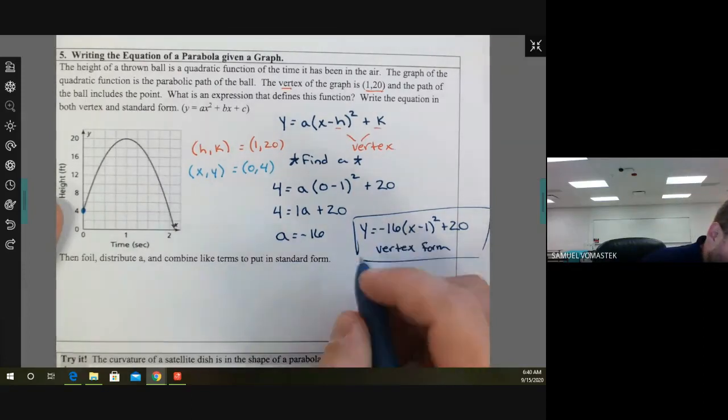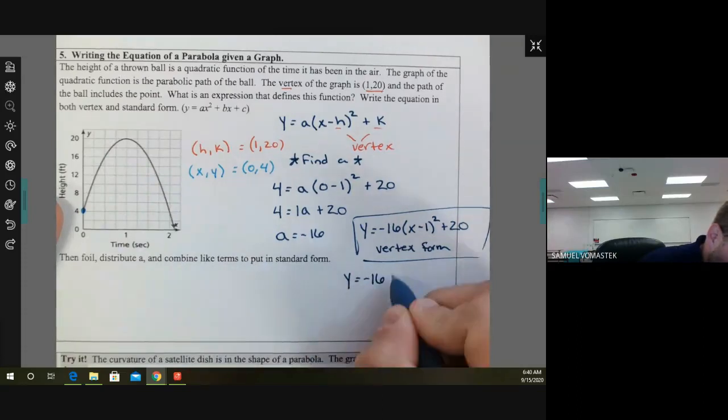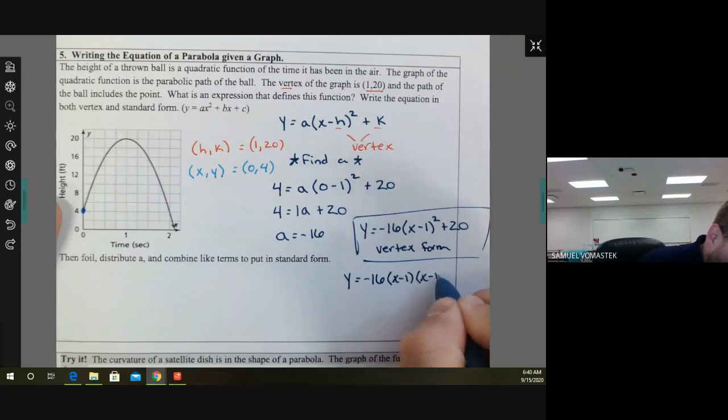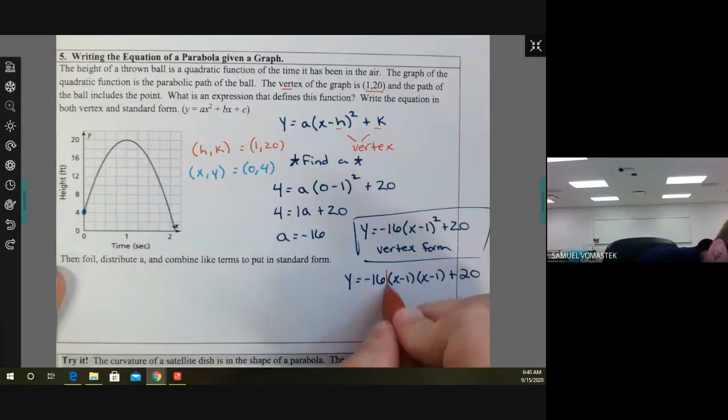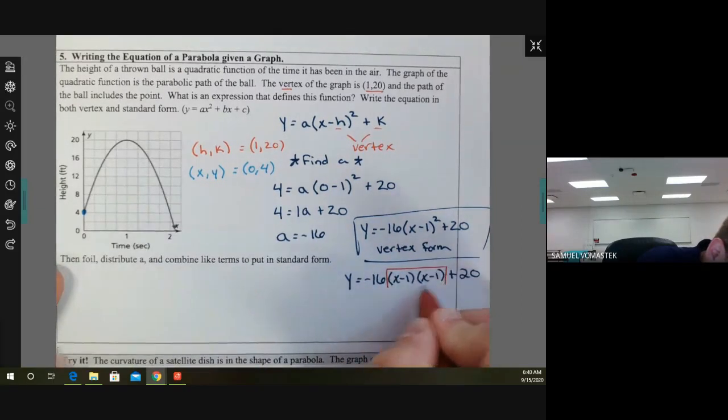So when I rewrite this, this is really y equals negative 16 times (x minus 1) times (x minus 1) plus 20. That square tells me that the x minus 1 shows up twice. To take care of that, you're going to FOIL.